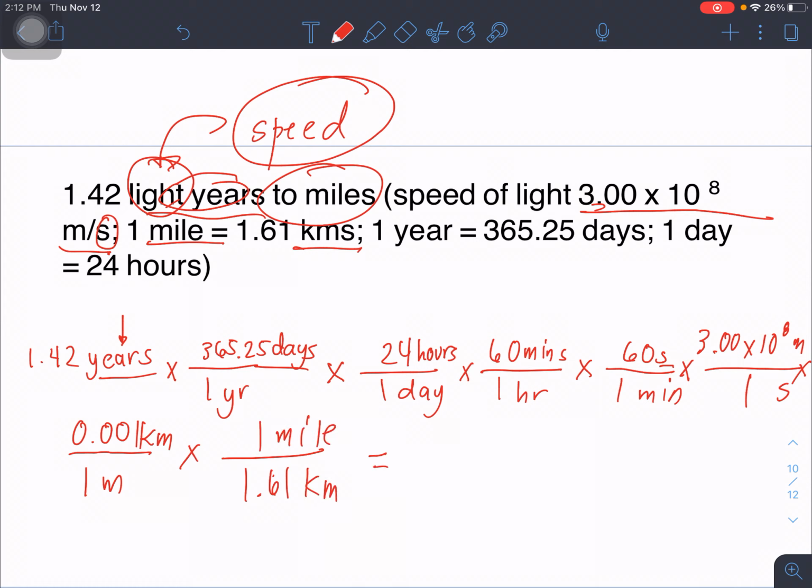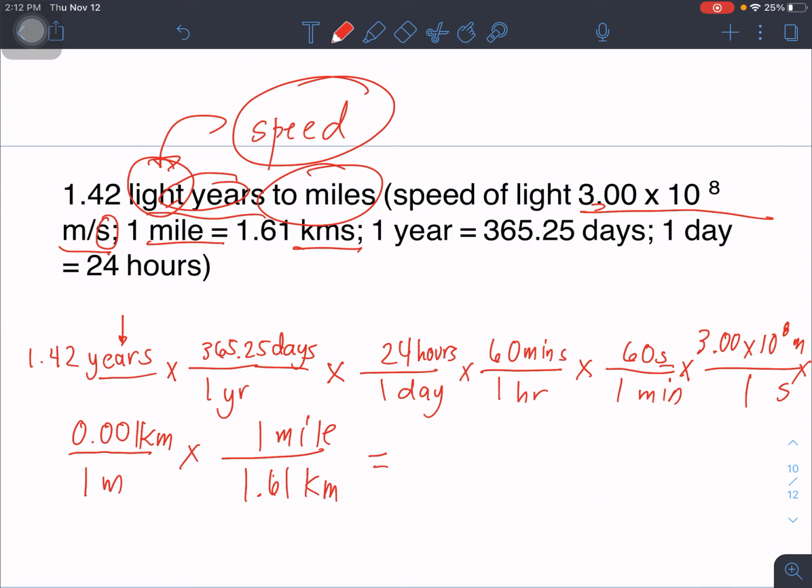So perform the calculation. Use your calculator to find the value. So 1.42 times 365.25 over 1 times 24 over 1 times 60 over 1 times 60 over 1 times 3 times 10 raised to 8 meters over 1 second, then times 0.001 over 1 times 1 mile to 1.61 kilometers.